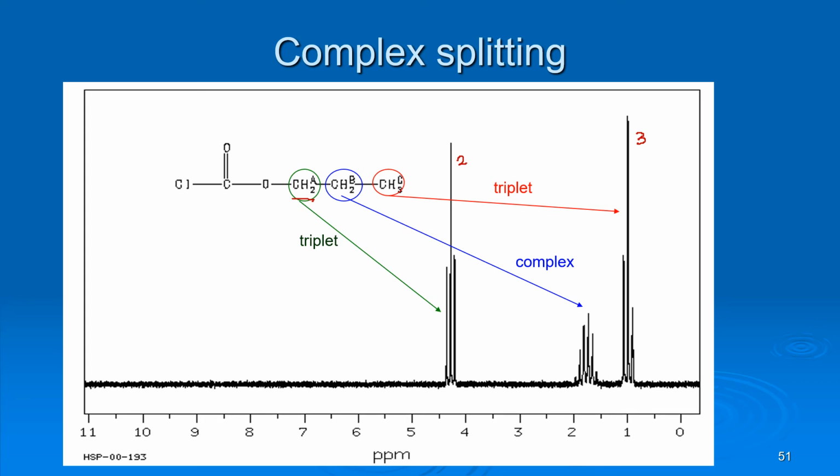It's sort of like they're being split by these 2 and split by these 3, so you can't really recognize any pattern, but it would have an integration of 2 because there are 2 hydrogens in that peak: 3, 2, and 2. And so I don't think it's wrong, especially at this level, to say there's complex splitting. I can't identify if it's a septuplet or a hexuplet or 5, 6. I can't tell. I'll just call it complex, and that's okay.